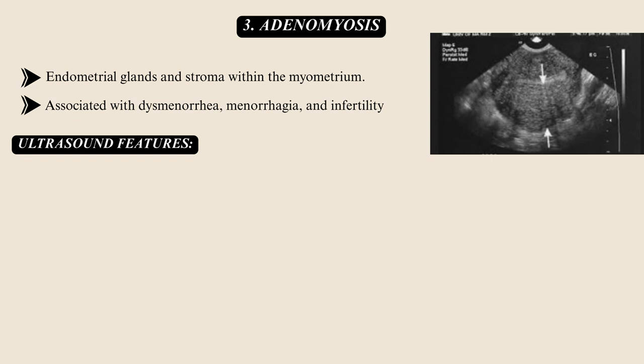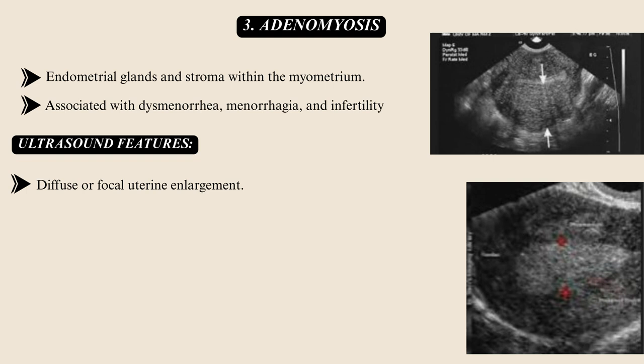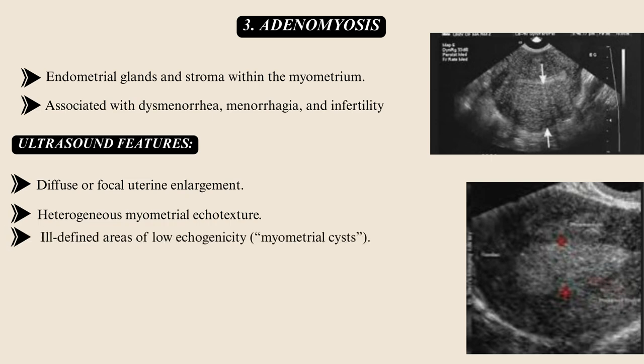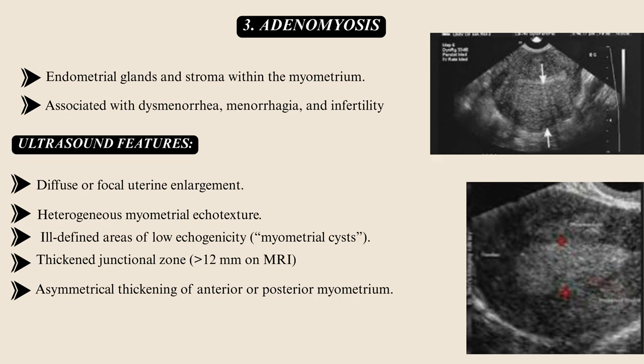Ultrasound features of adenomyosis are diffuse or focal uterine enlargement, heterogeneous myometrial echotexture, ill-defined areas of low echogenicity, myometrial cysts, thickened junction zone more than 12 millimeter on MRI, and asymmetrical thickening of anterior or posterior myometrium.